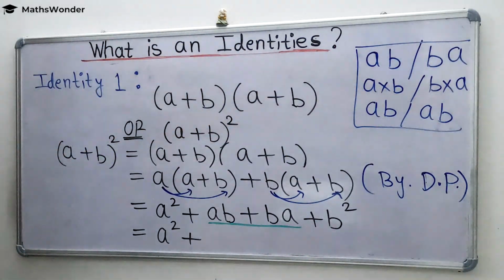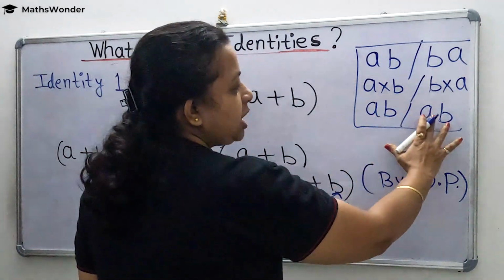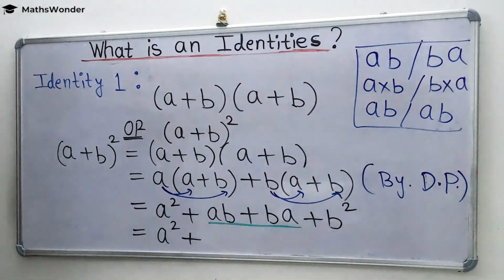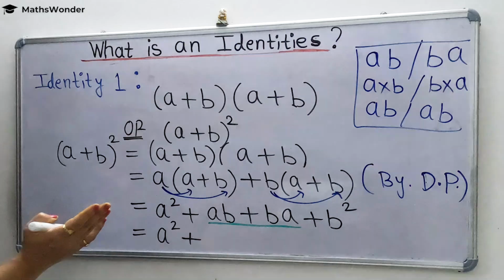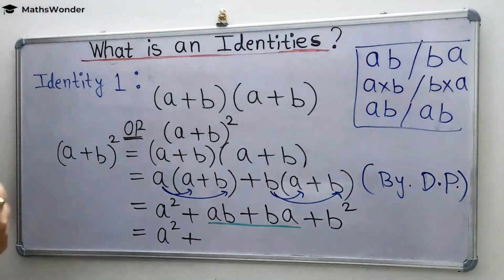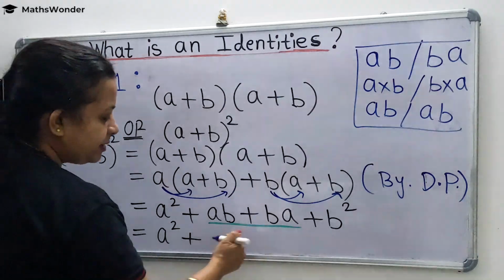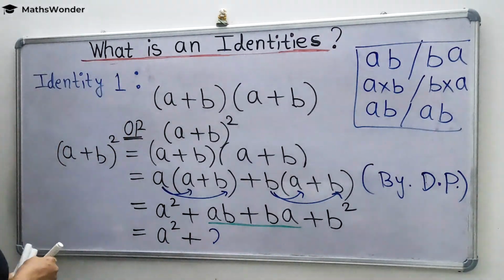If you remember, in the smaller grades it was the order property; in the higher grades we have learned the commutative property. In multiplication, if you change the order, the product remains the same, right? So you can write it in any way. So ab is better, of course, because alphabetically a is first, right? So ab plus ab will be 2ab, right?